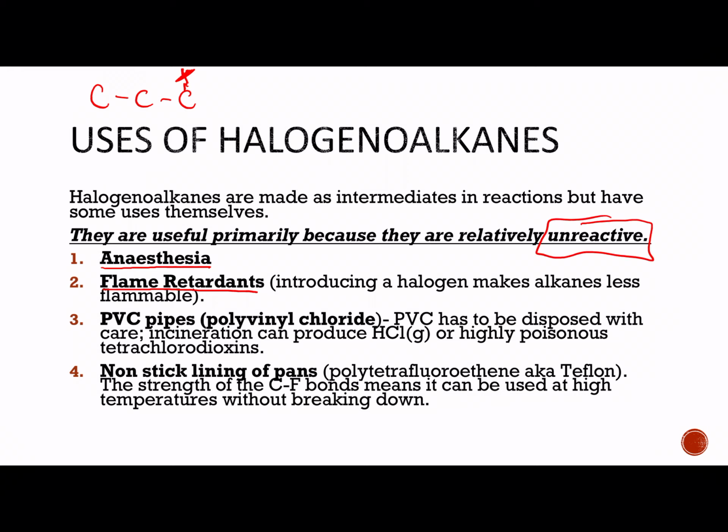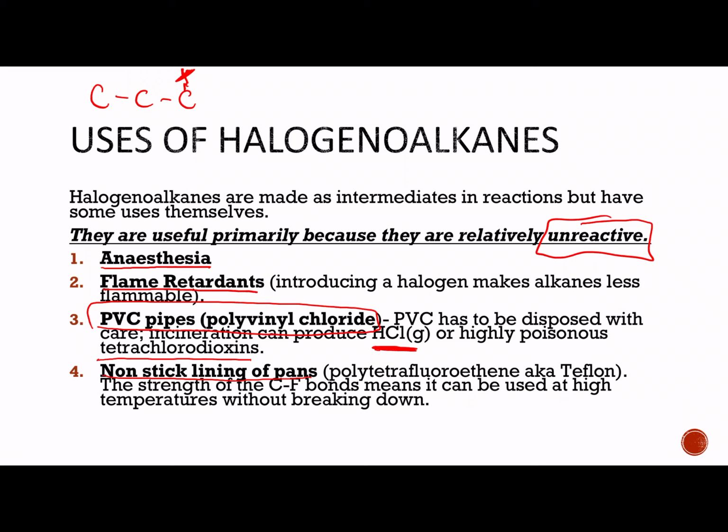That's why they would be used to retard flames. They're used in PVC pipes, polyvinyl chloride. Do be aware that PVC has to be disposed of with care. When you incinerate it, which means you throw it in a fire, you can produce HCl gas or tetrachlorodioxins, which are highly poisonous molecules. And finally, they are also used for the nonstick lining of pans.